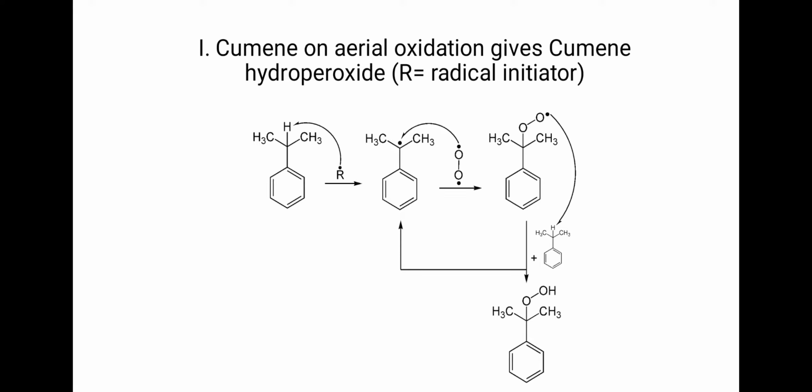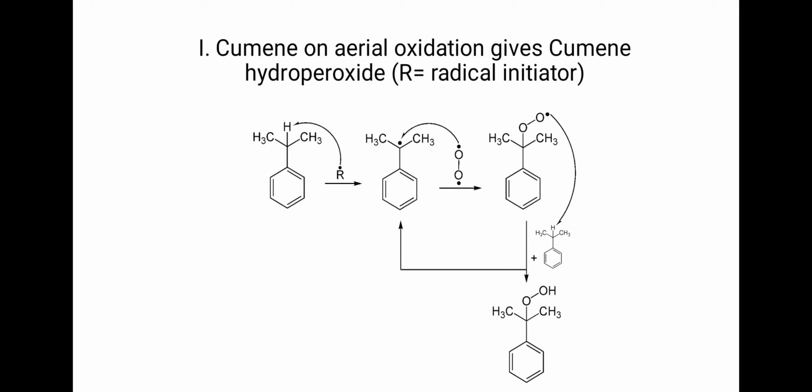Okay, so here is the mechanism of the first step, that is cumene on aerial oxidation gives cumene hydroperoxide in the presence of a radical initiator, because it is a radical kind of mechanism. So how this mechanism or reaction is carried out is explained here.